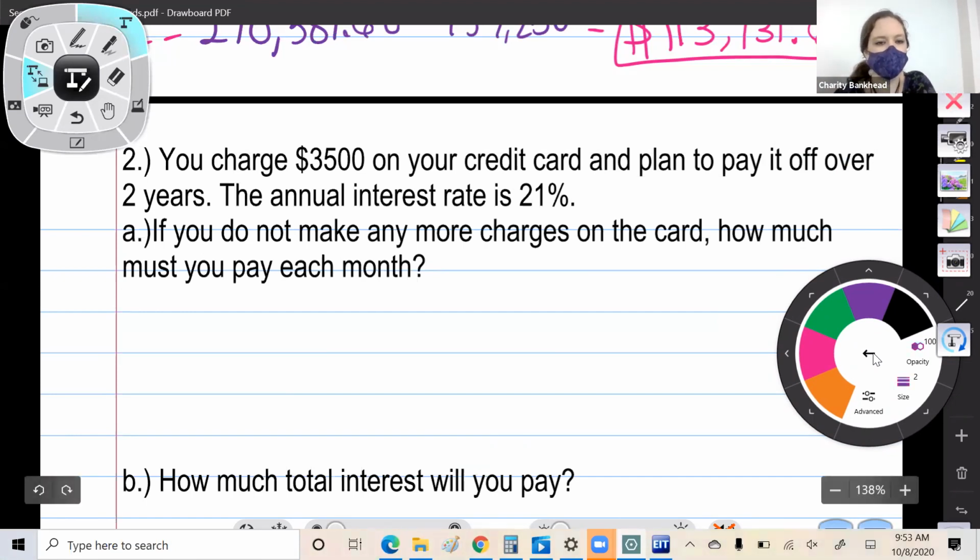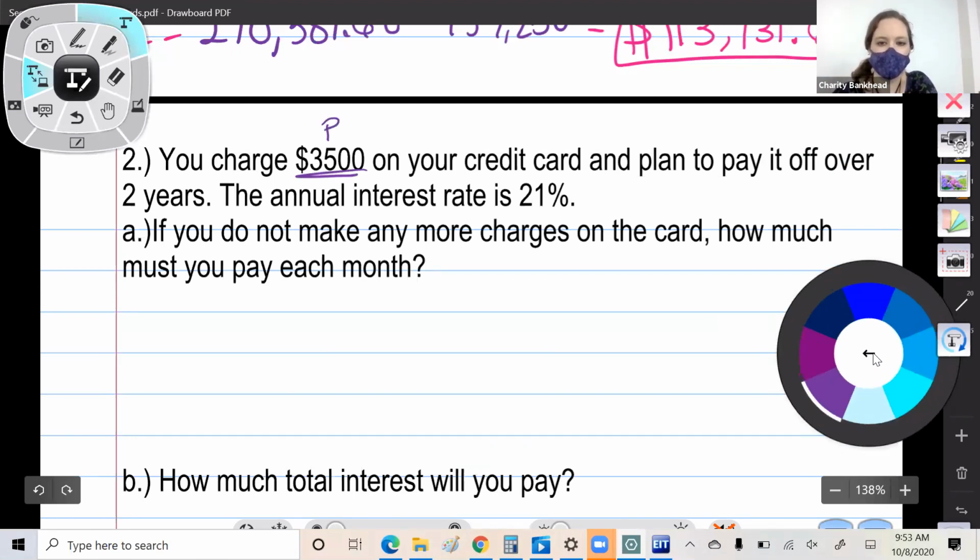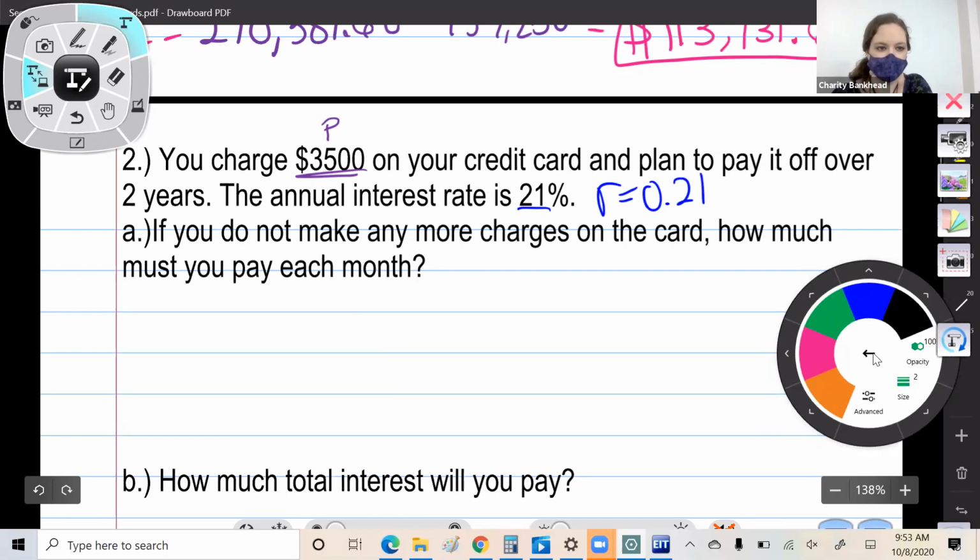We have the principal is 3,500. And then we have r would be 0.21. And t is 2. And we're talking about a monthly payment, so n is 12.